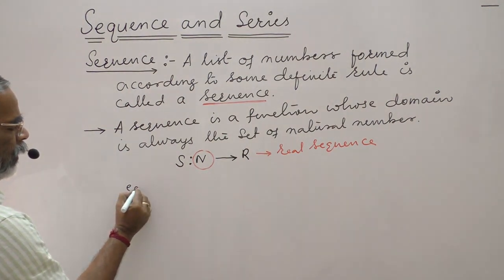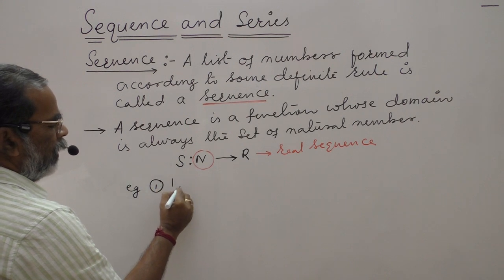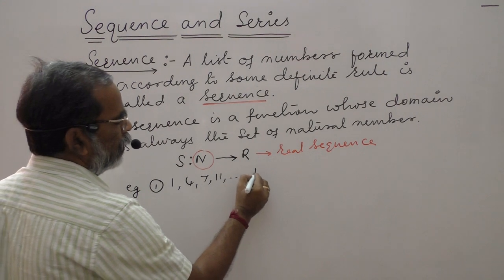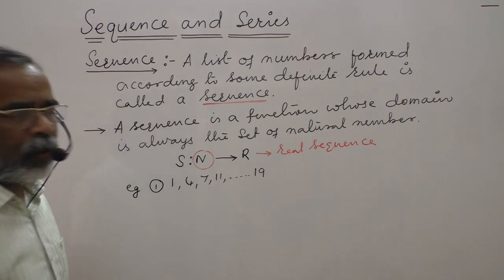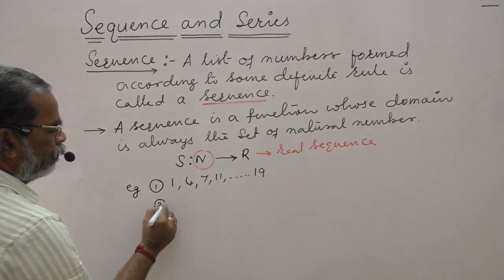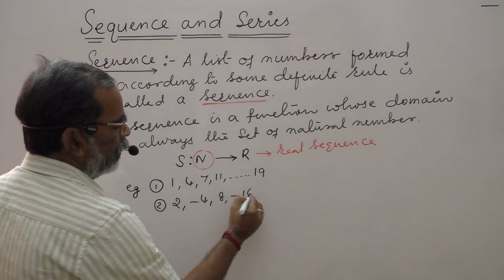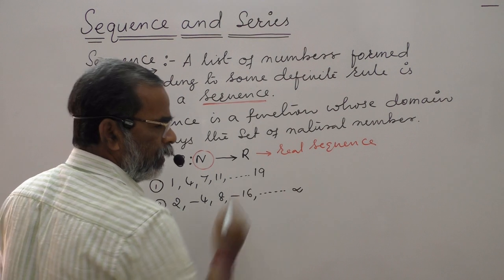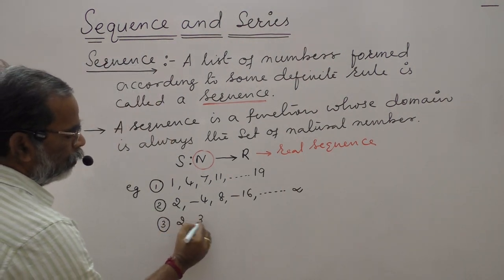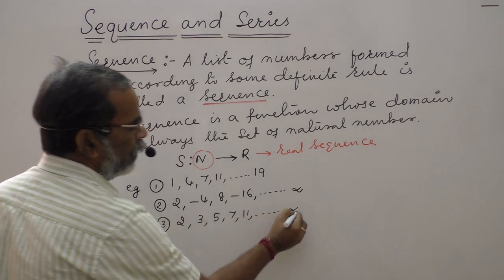So we will see some examples of sequences. For example, I will take a list of numbers 1, 4, 7, 11, dash dash, 19, etc. What is this? It is a sequence. Another example: 2, minus 4, 8, minus 6, etc., up to infinity. One more example: 2, 3, 5, 7, 11, etc., up to infinity.